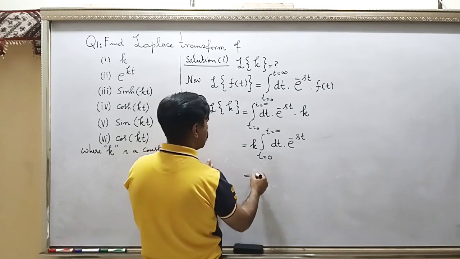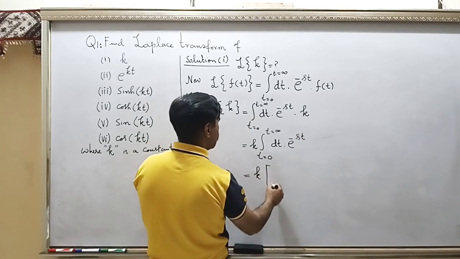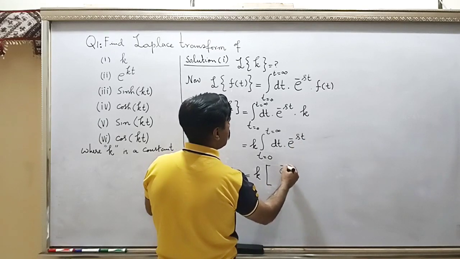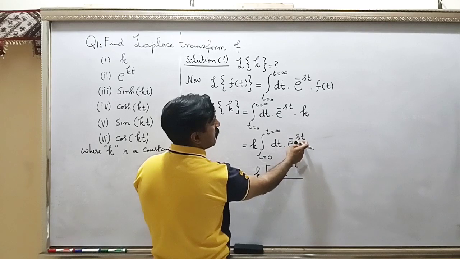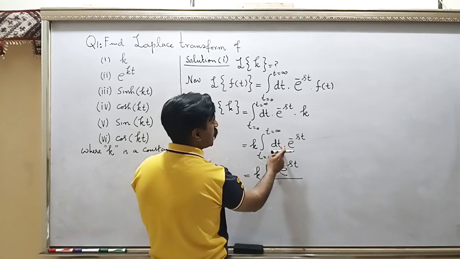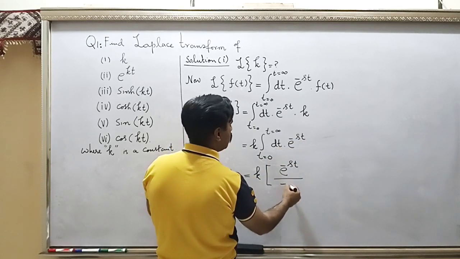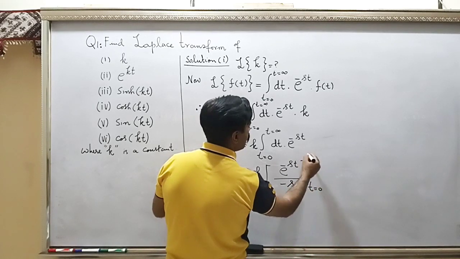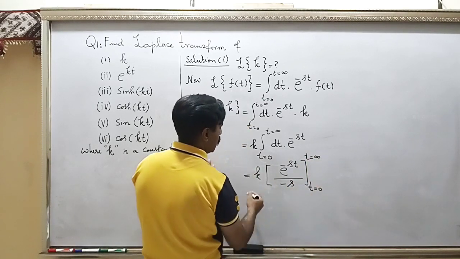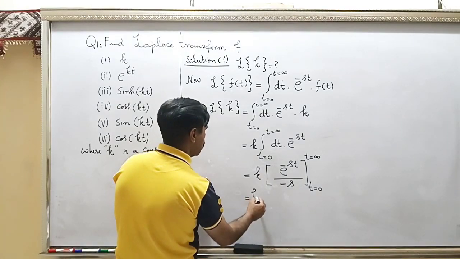When you integrate, the integral of the exponential function will be e to the power minus st divided by the derivative of the exponent, and the derivative of the exponent with respect to t will be minus s, and the limits are from 0 to infinity.